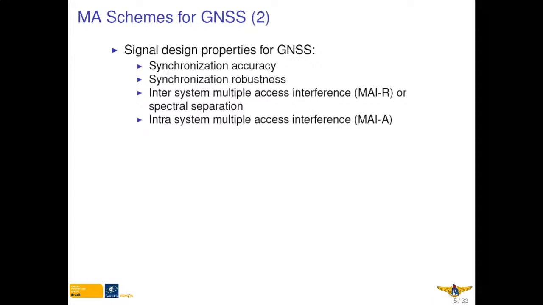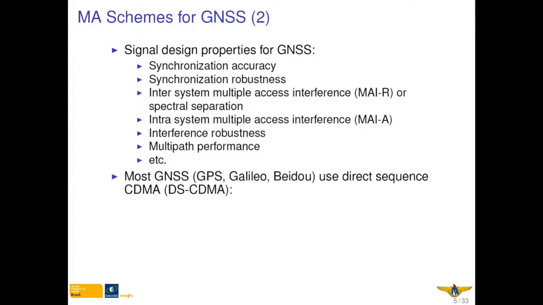Intra-system multiple access interference, MIA, so the interference between different satellites of one system. Interference robustness with respect to other systems that share the same bands, for example, radar systems, multipath performance, and others.